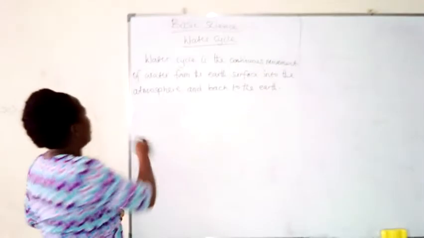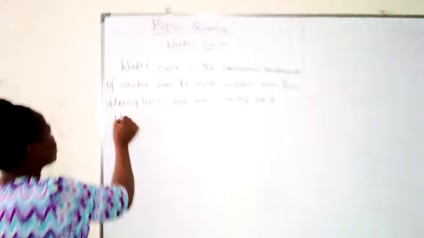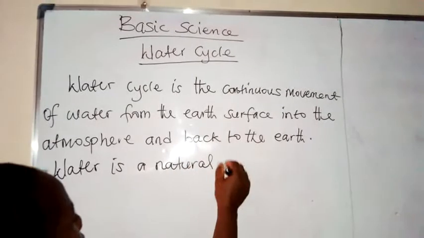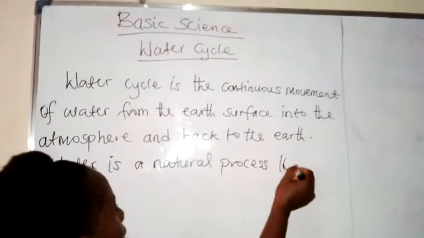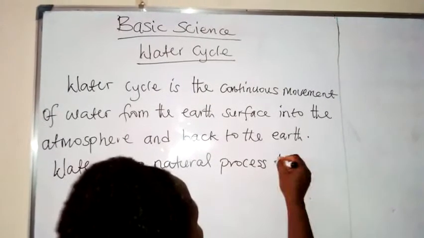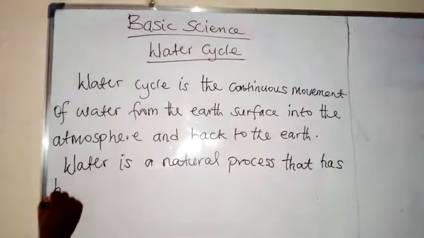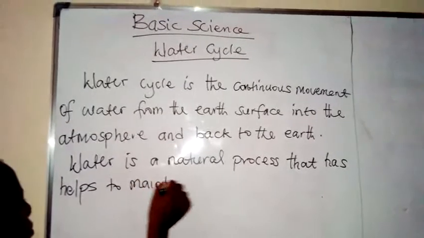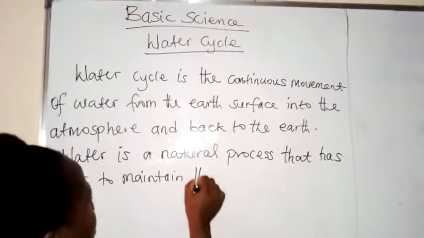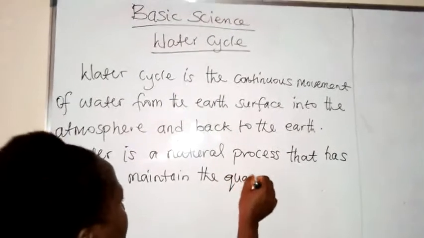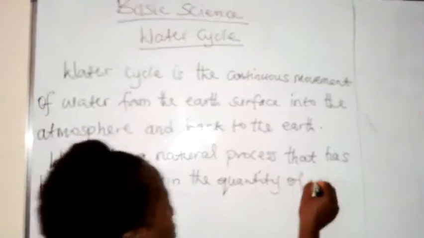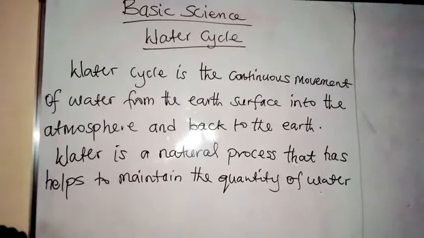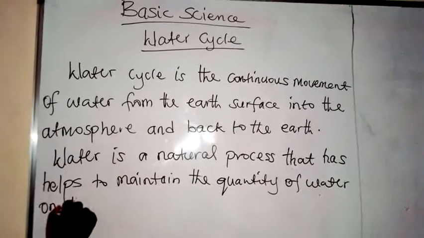Alright, let me write it down. Water cycle is a natural process that helps to maintain the quantity of water on earth.